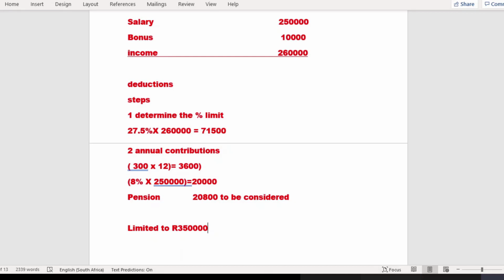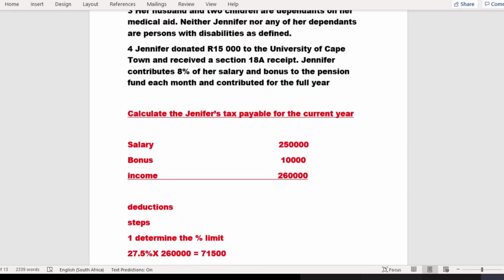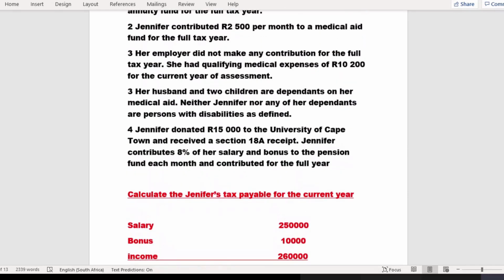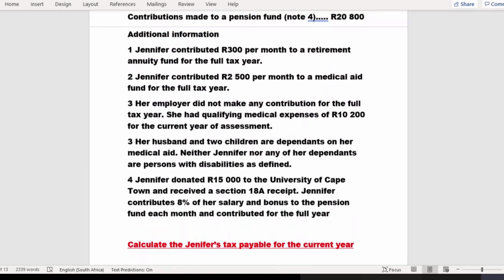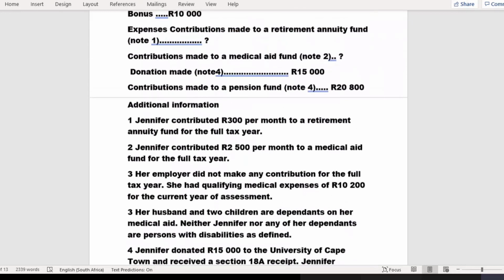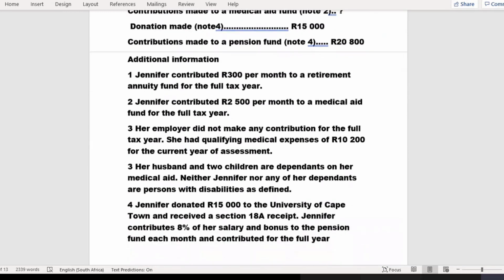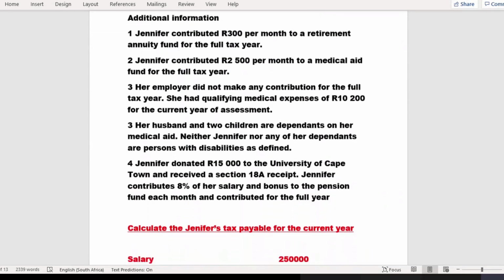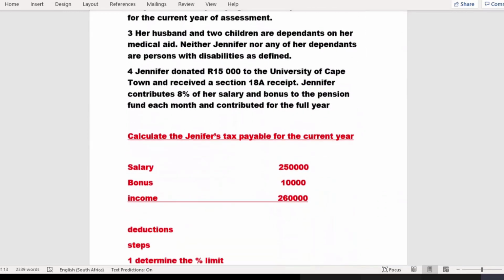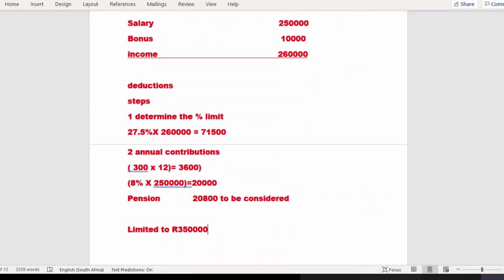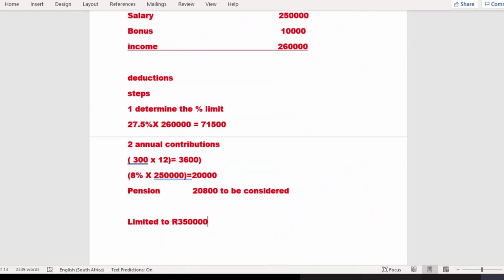Let me go to the question again. I just want to check something quickly. Okay, so it looks like we are done with this part. So it's 20,800 plus 3.6.